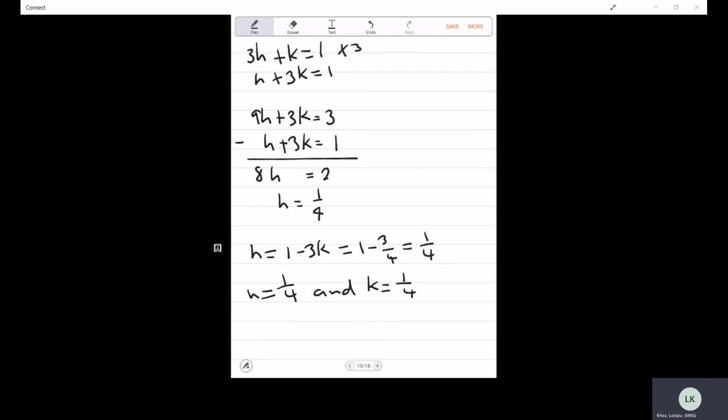It says find h and k, and then the ratio in which x cuts AD. So you see x cuts AD, so we need to work out that ratio. To do that, we can work out DX and then AX, and then you see what the ratio of DX to XA is.